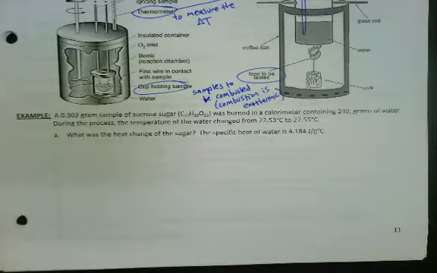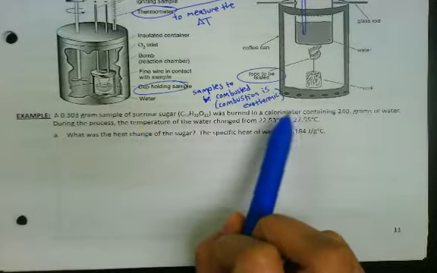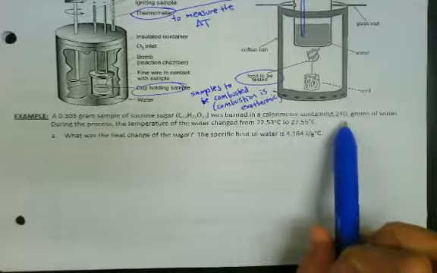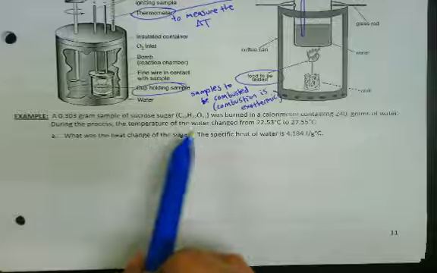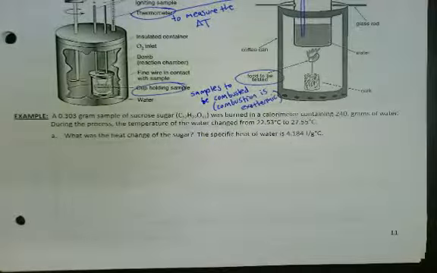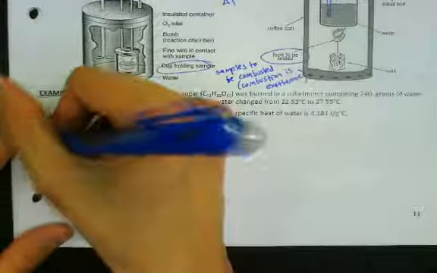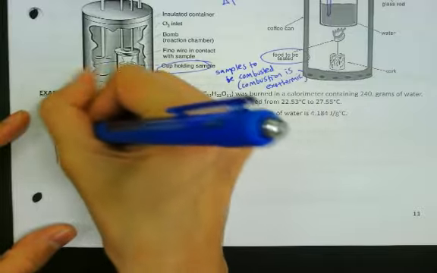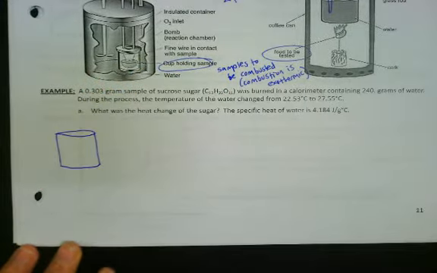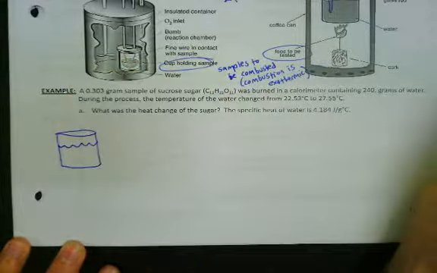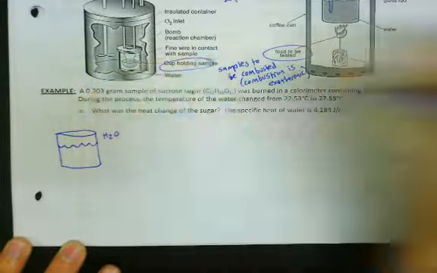And in this first example here, we are given the example of 0.303 grams of sucrose burning in a calorimeter. We are told the amount of water in that calorimeter, and we're also told about the temperature change in this reaction. So essentially what we have setup wise is a little container of water. There's our water.